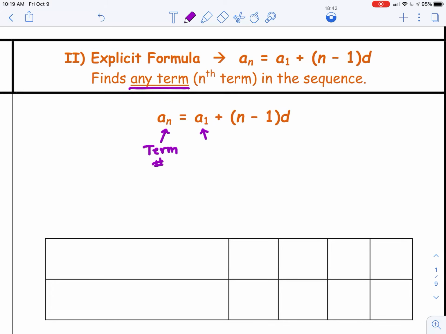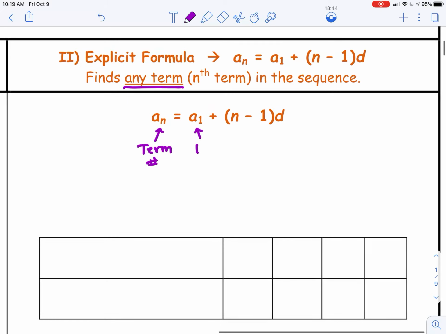Remember we said a with the little 1 for a subscript is always the first term of your sequence. Right up above here, if you can squeeze this in, I want you to write in there, this is our previous term, because the term minus 1 would be the term just before it.